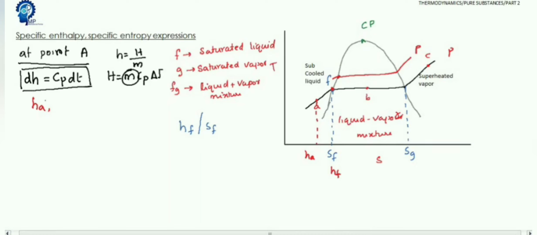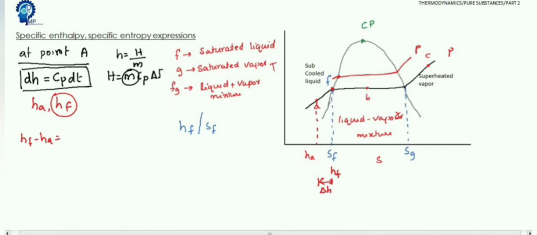So we have two values: HF is known, HA is unknown. We need to find HA. Here dH, the change in enthalpy, is HF minus HA. HA will be lesser than HF, because if we attain delta H enthalpy, then the liquid reaches the saturation point.